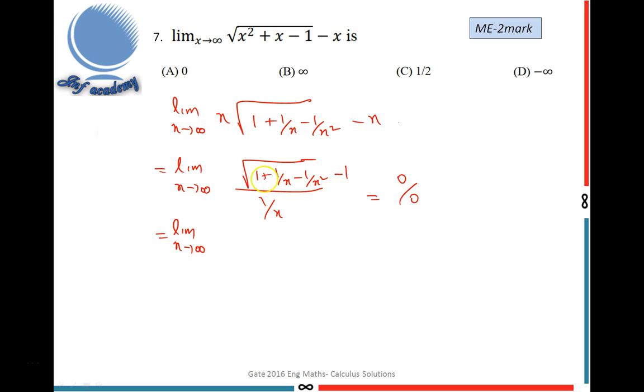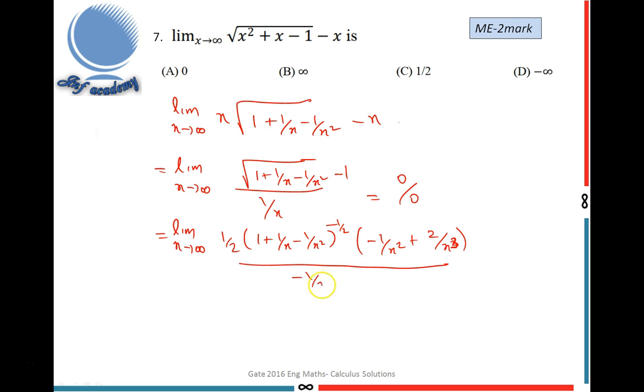The derivative of the numerator is 1 by 2 into 1 plus 1 by x minus 1 by x square whole power minus 1 by 2, and the differentiation of 1 by x is minus 1 by x square, and of minus 1 by x square is plus 2 by x cube. The differentiation of 1 is 0, divided by, here, minus 1 by x square, since the differentiation of 1 by x is minus 1 by x square.